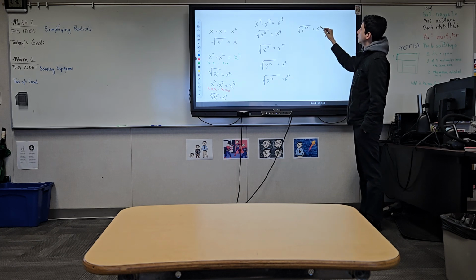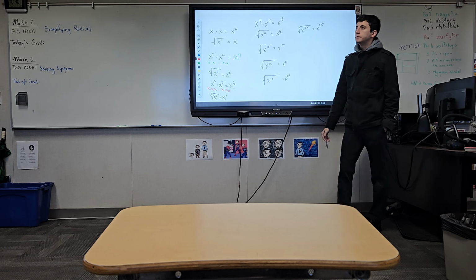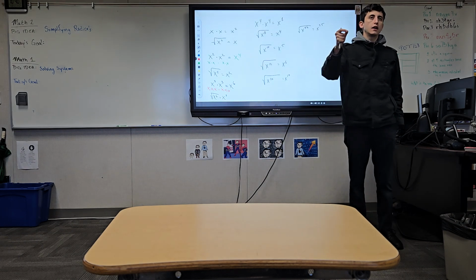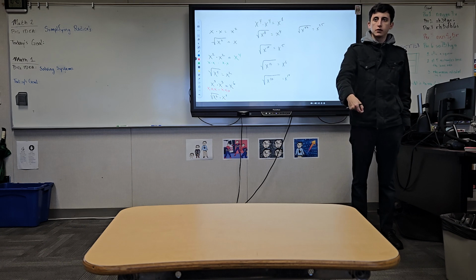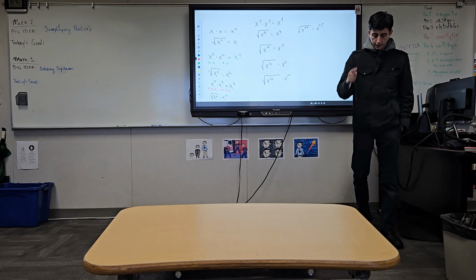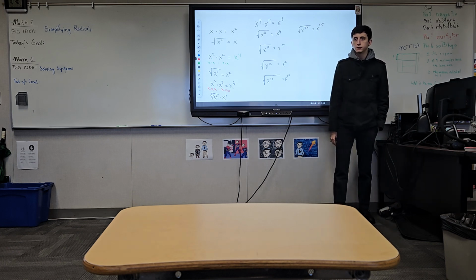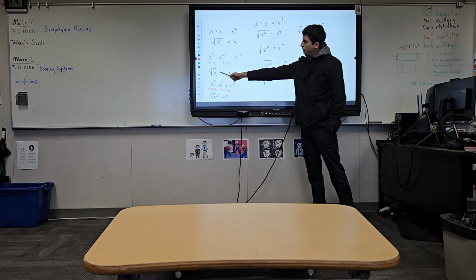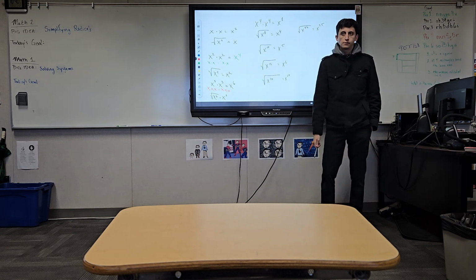X to the 25th power. Okay, so what's the rule? If you're taking the square root of a variable that has an exponent, what's the rule? It's always going to be divided by half. Cut in half, right? Divided by 2. So all we're doing is taking the exponent and dividing it by 2. Okay?